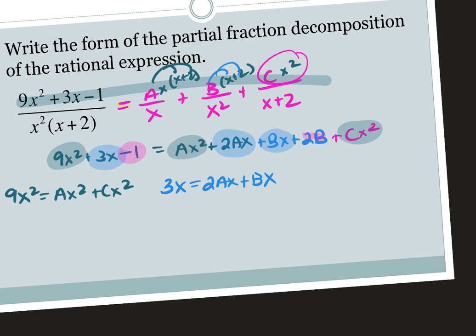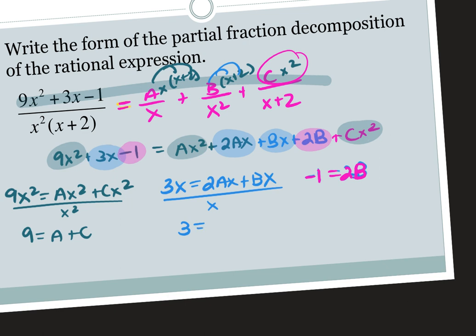And the constant, -1 equals 2b. Get rid of your x and your x squareds, because they would all cancel. So I get 9 equals a plus c. Divide by x, 3 equals 2a plus b. And then -1 equals 2b.